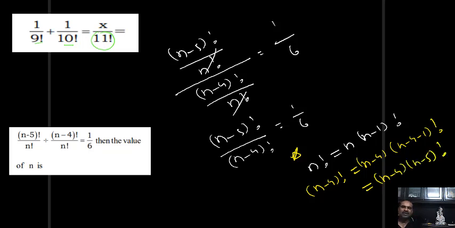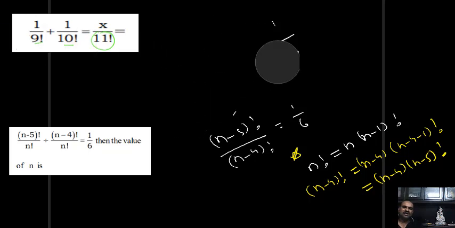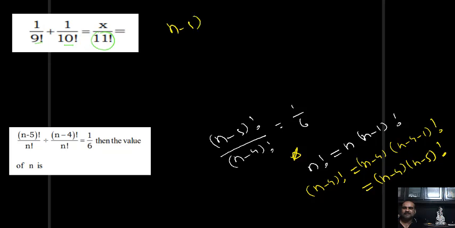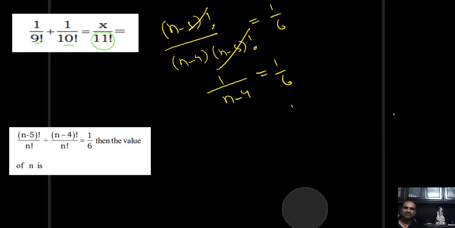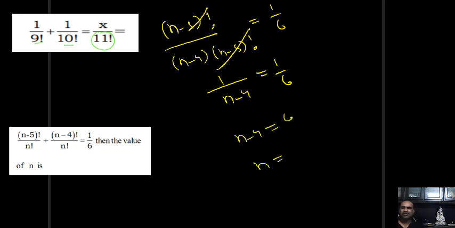That's why this denominator I will write clearly. Numerator as it is, but the denominator (n−4)!, what can I write? (n−4) into (n−5)!, that is equal to 1/6. These two get cancelled: 1/(n−4) equals 1/6. Or n−4 equals 6, or n equals 10.